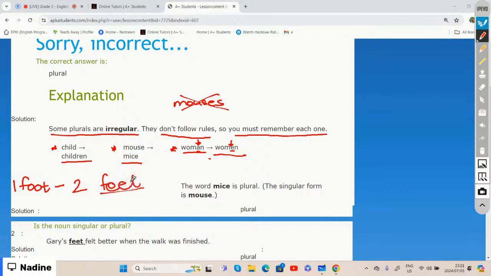Yes. Look at another one. One tooth. But I have three what? One tooth, but I have a mouthful of what?